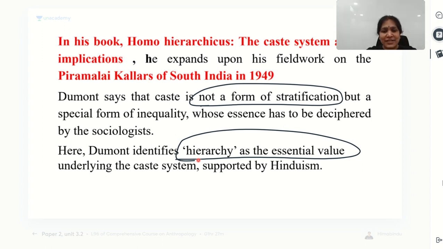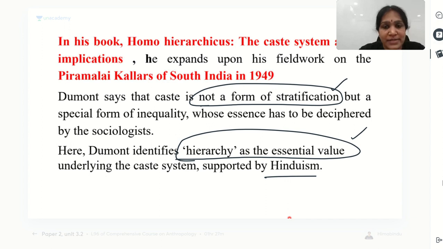Okay, why should he apologize? No, nothing like that. So he's saying that caste system is not a form of stratification, but some special form of inequality whose essence is to be deciphered by a sociologist. And he said hierarchy is the essential value underlying the caste system. It is supported by Hinduism, we know that. Can we move on?